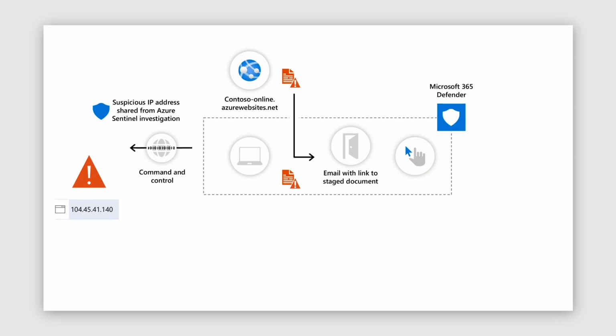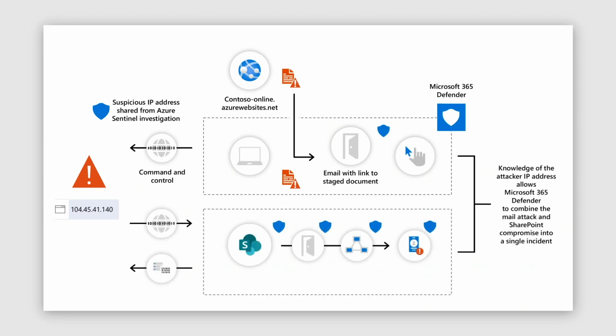Thanks to our investigation in Azure Sentinel, Microsoft 365 Defender now knows that the IP address of the attacker is malicious, so an extra alert is triggered for the contact with the IP address. The IP address now appears as evidence in both the SharePoint and mail-based attack. The new alert from the mail side of the attack acts as a trigger that causes the two incidents to join on the common attacker IP.